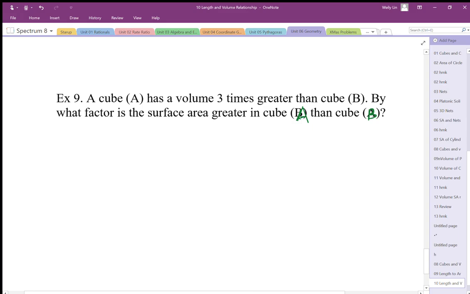Okay, well, still I need to figure out, if my multiplier is 3 times for volume, then I can cube root.